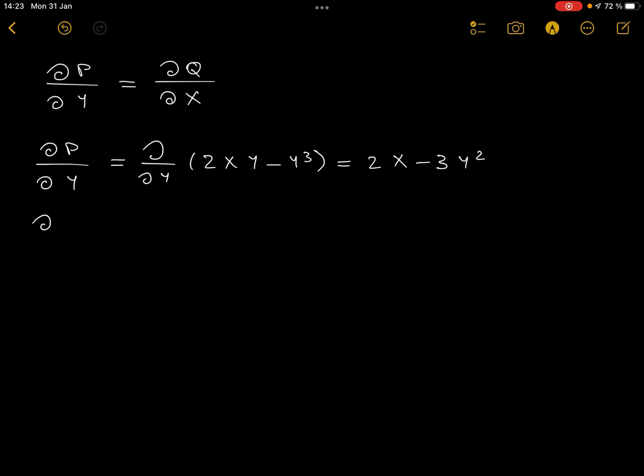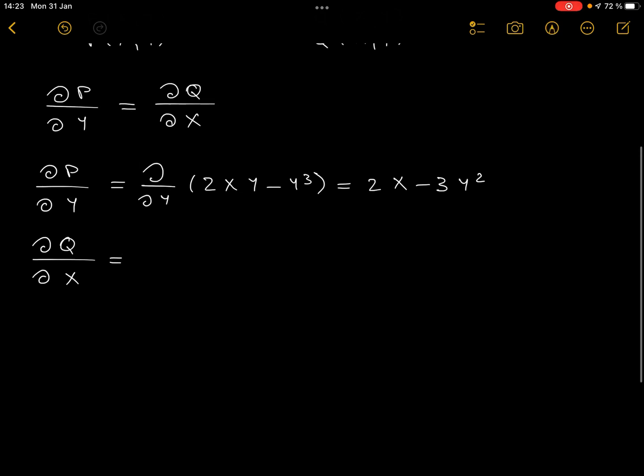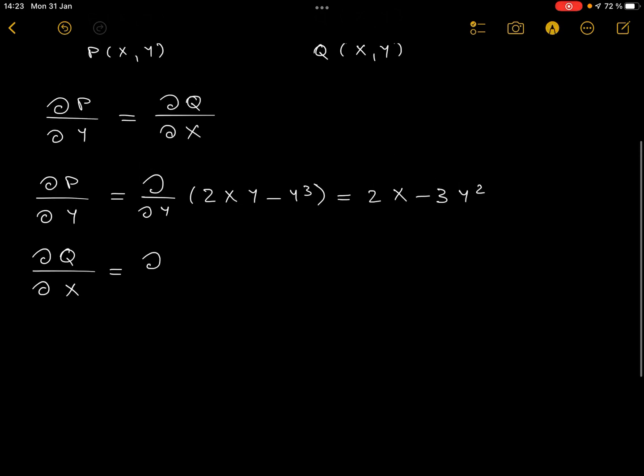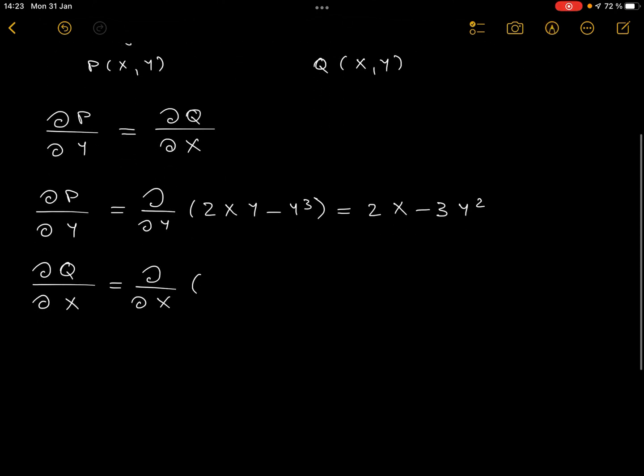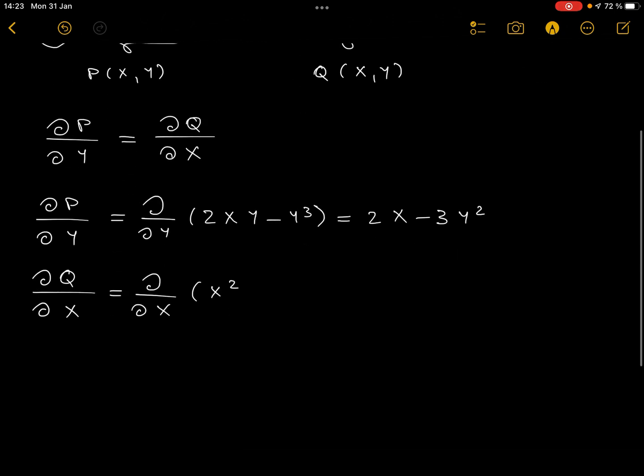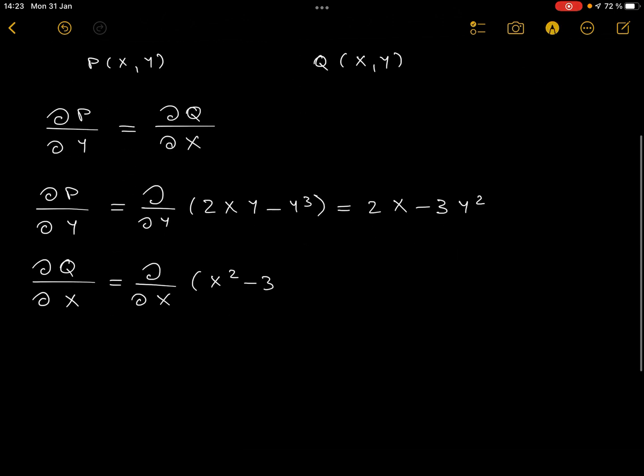As for the second one, the derivative of Q with respect to x is the partial derivative with respect to x of x squared minus 3xy squared, which is equal to 2x minus 3y squared.